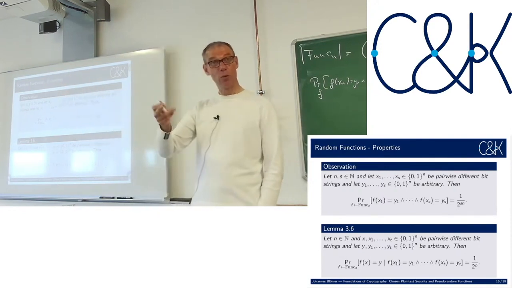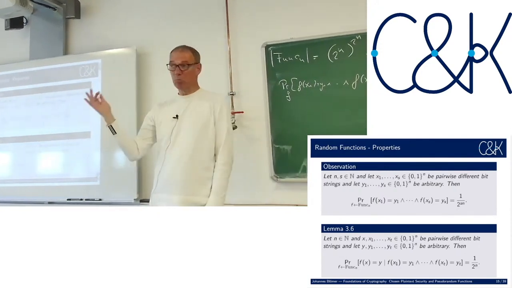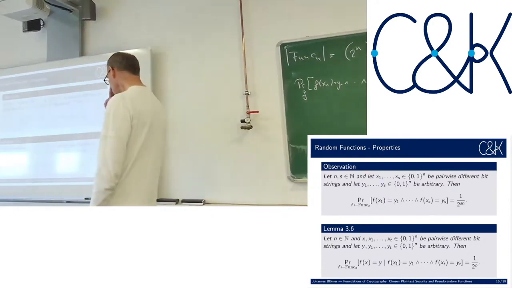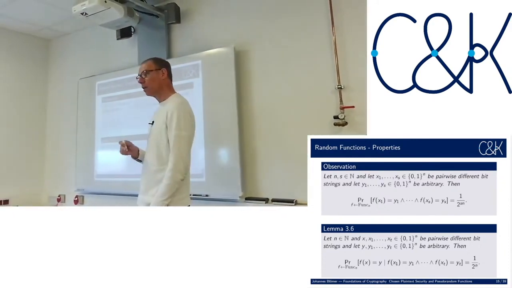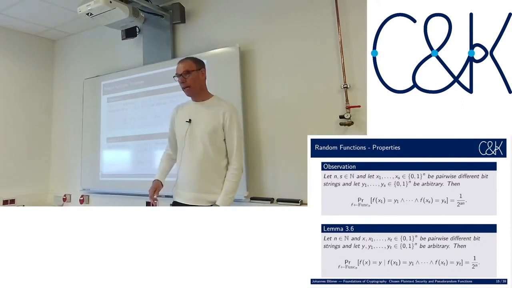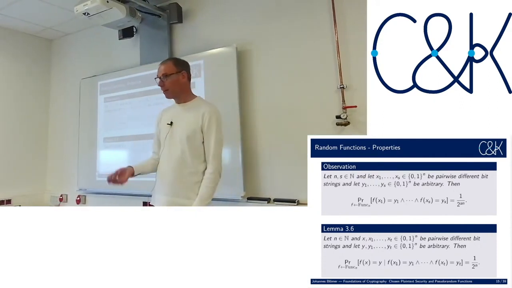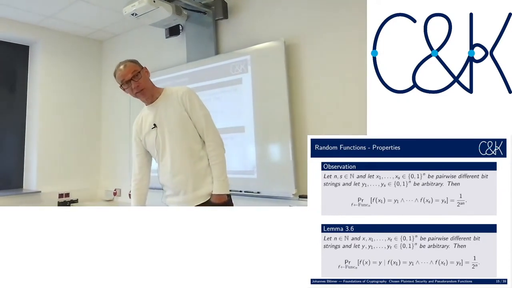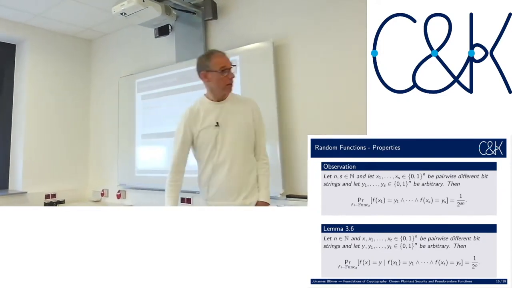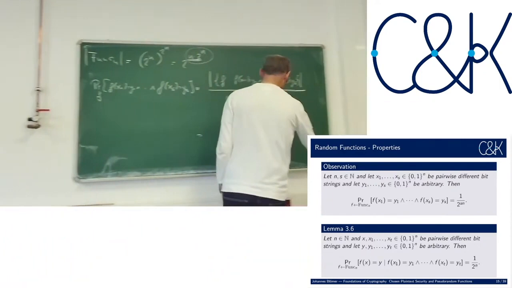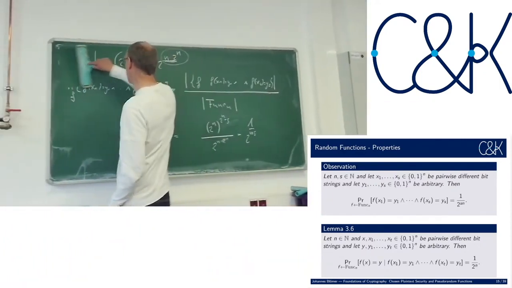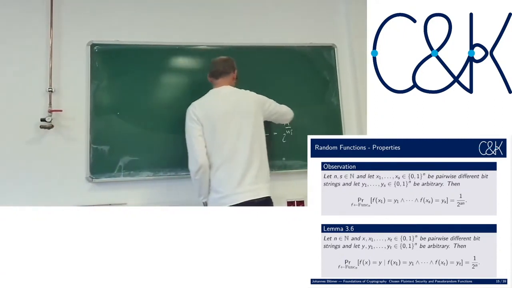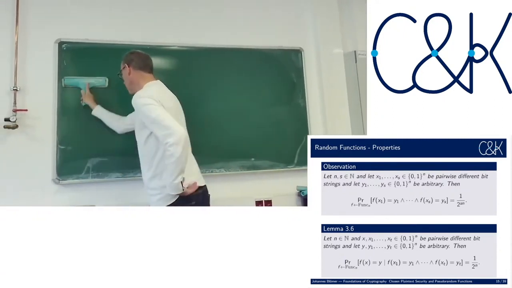But if you ask a new one, he picks independently a new one. I'll do that again formally, just to make sure that you understand what a random function is. And that's probably the last thing that I do today.